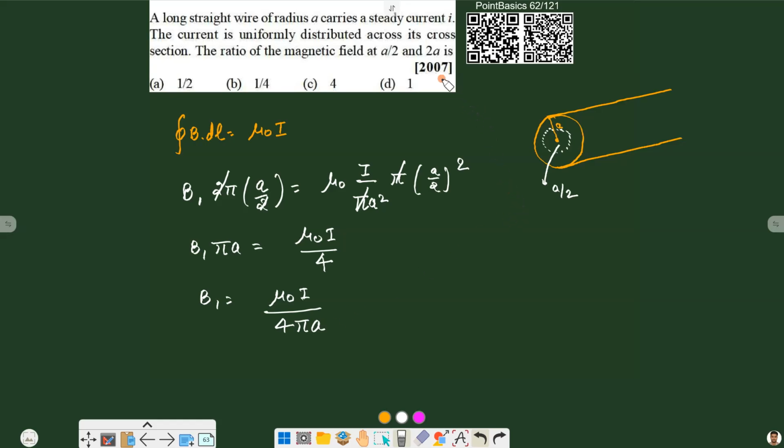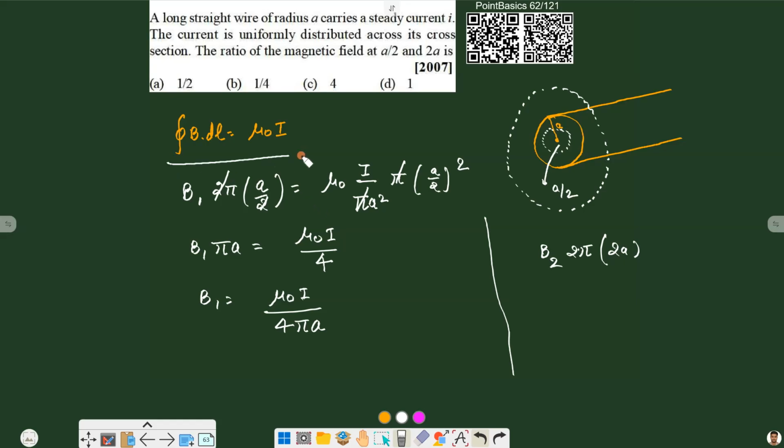Now going to the second part, the magnetic field at a distance 2a. So now we will mark a circle with radius equal to 2a. So now we can write that B2 into 2 pi times the radius, using the same formula, is equal to mu naught times I. Now as with radius 2a we are outside of the wire, in the outside portion there is no current and the only current is inside the wire, so we will take only that current, as in the remaining part there is no current.